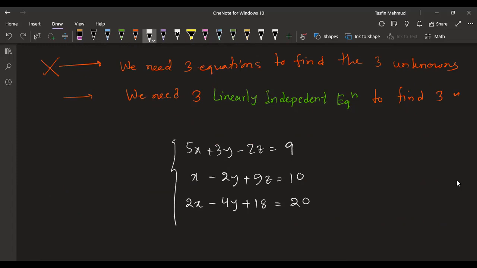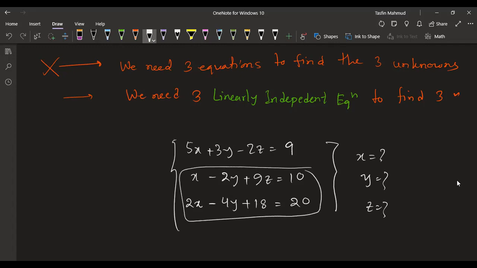I have given you 3 equations and I am asking you to find the values of x, y, and z. In this case, you will not be able to find them, because these 2 equations are dependent on each other. These two equations are not linearly independent.